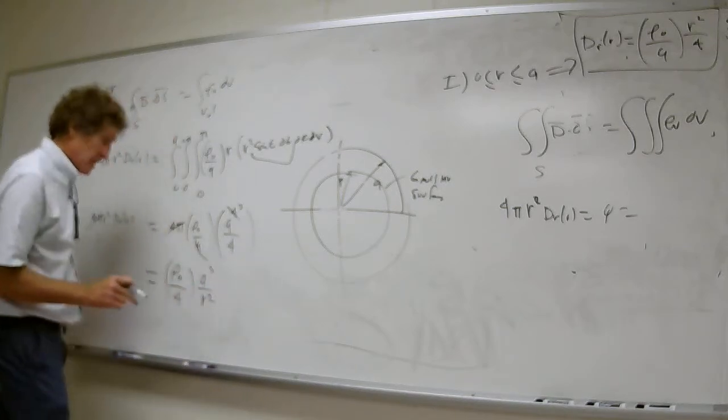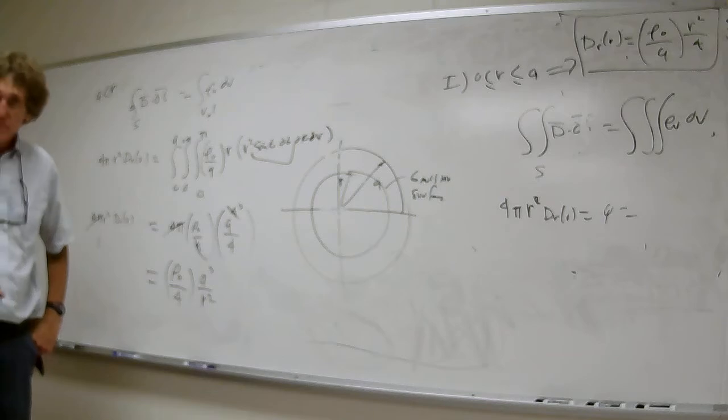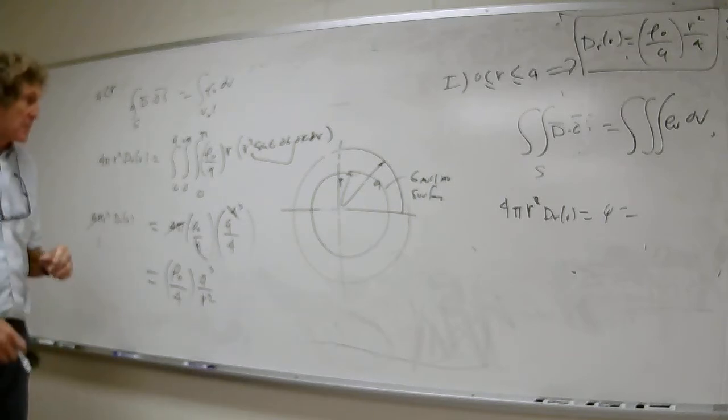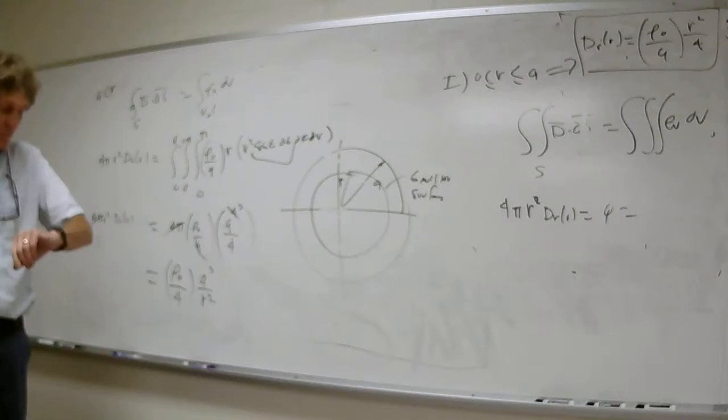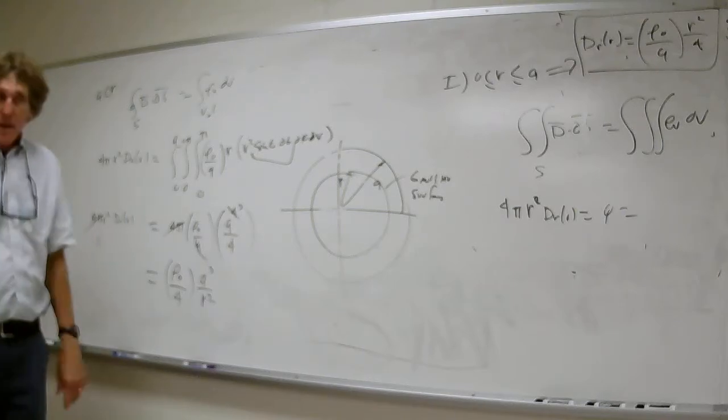And that should be the value. Is it, class? That's all I'm doing, just methodically going through it. I'm a little sloppy here, but I hope you appreciate it.